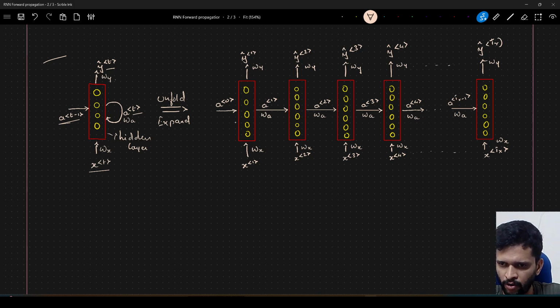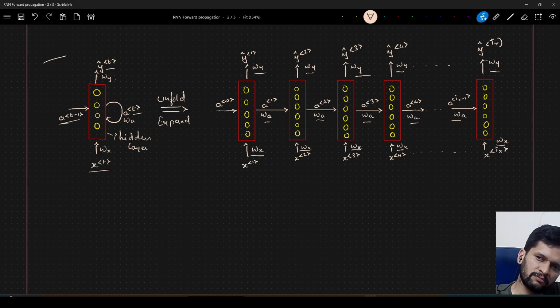This is just one block replicated at different time steps. That's why we see the same weight matrices shared across multiple time steps here: the same Wa, Wx and Wy. Hope these concepts are clear. If they are not clear, please go back to my previous video where I have explained forward propagation clearly.